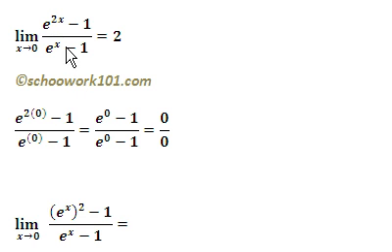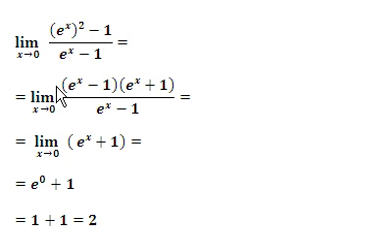Because I have an e to the 2x, I can rewrite this as e to the x quantity squared. So remember, by the powers of exponents, this 2 times x is the 2x here. So I have rewritten this now. Now I can actually factor this. This is the difference of 2 squares.